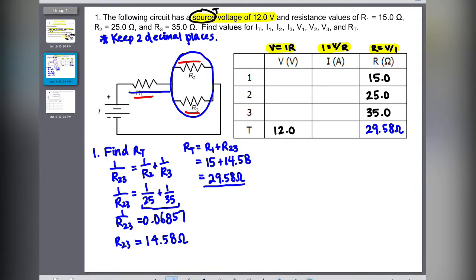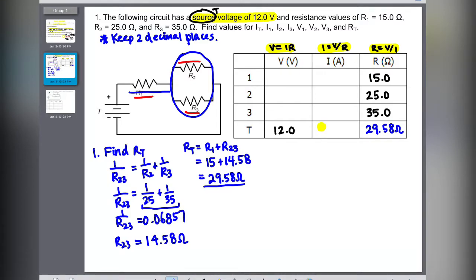All right. So the next thing, hopefully it jumps out at you, is that I now have a two out of three Ohm's law. Because I have the 12, and I have the 29.58, that means I can use the Ohm's law at the top: I is V divided by R, and solve for what IT is. So take your calculator. I'm going to go 12, the V, divided by 29.58.